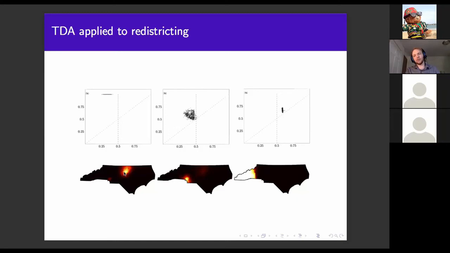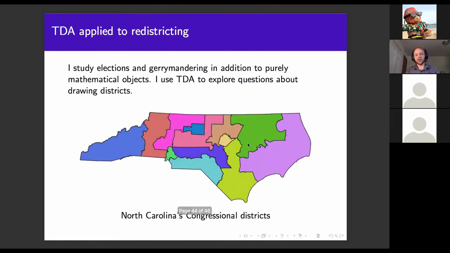So the question you can answer is, firstly, what are the basic expected normal features of a plan drawn by someone who's trying to be neutral? And secondly, how does the plan that maybe someone is taking to court differ? What I've shown here is actually the third plan that North Carolina has had in the decade.